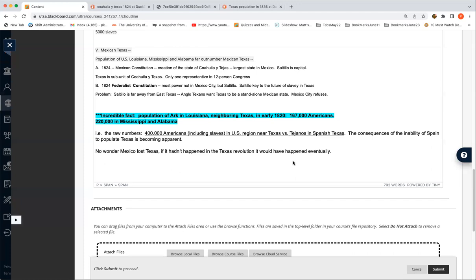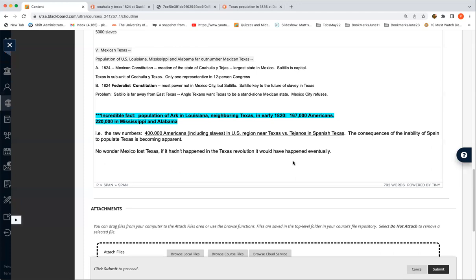So by 1820, in the states that neighbor Spanish Texas, which will quickly become Mexican Texas, there's 400,000 Americans. Anglo, and then of course many enslaved as well, who are working cotton. During that same period, there's only about between 3,500 and 4,000 Tejanos in all of Texas.